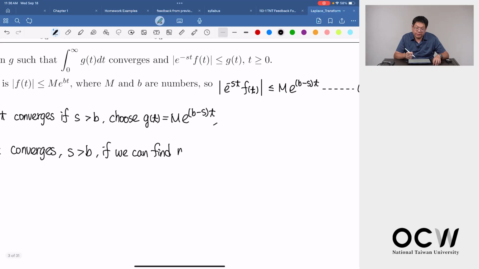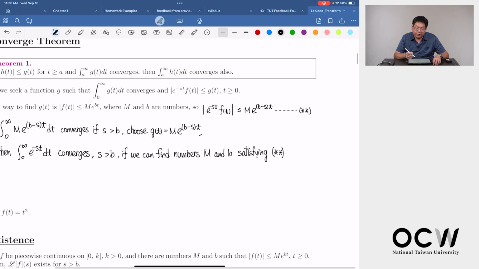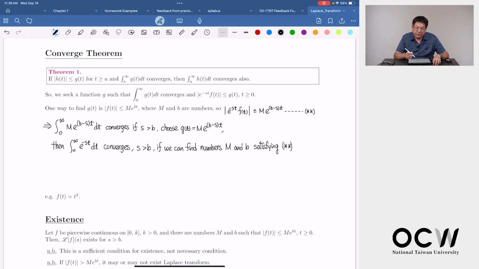We can find numbers M and b satisfying the double star equation. Okay, that's the theory.